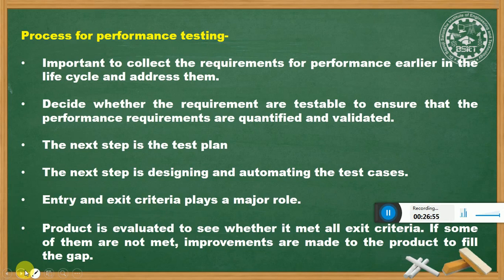At the end of performance test execution, the product is evaluated to see whether it met all exit criteria. If some of them are not met, improvements are made to the product to fill the gap. So this is what we have to carry out, the steps that we have to carry out as a process for performance testing.